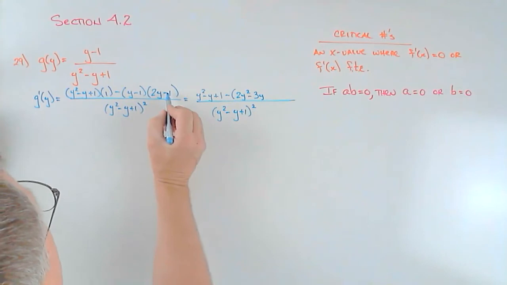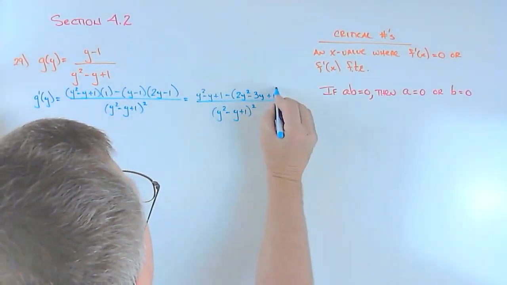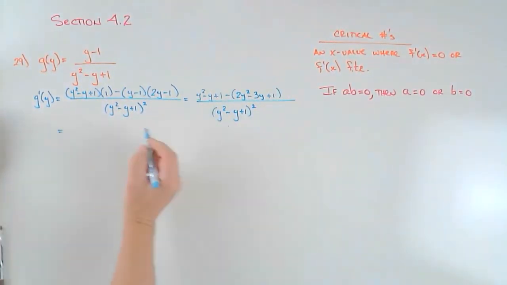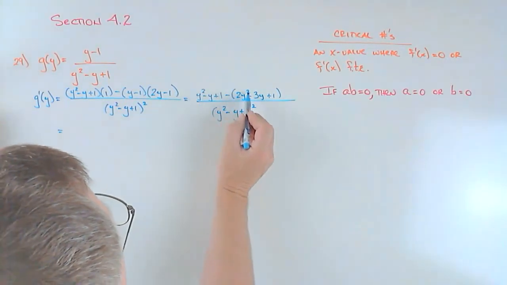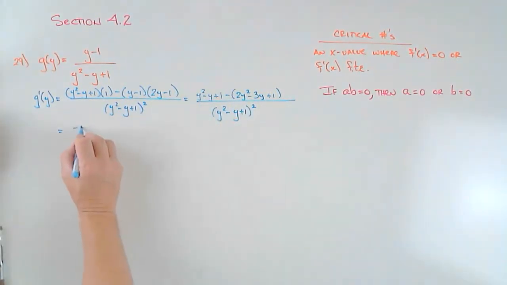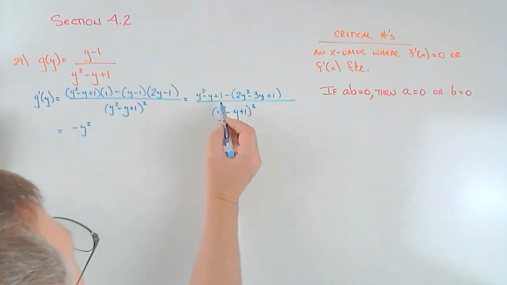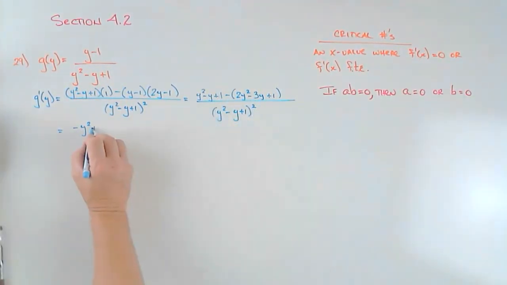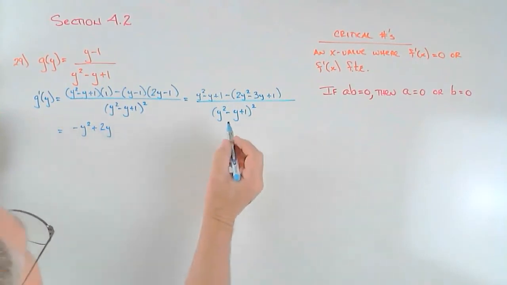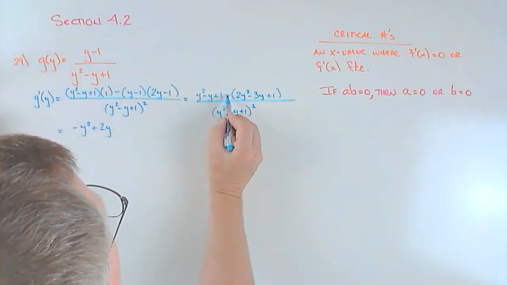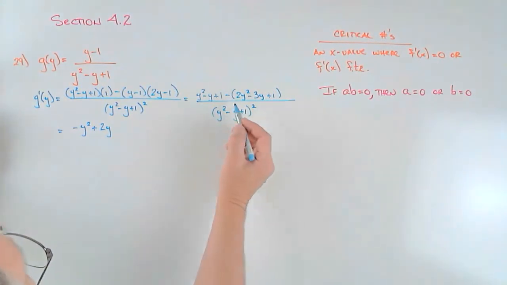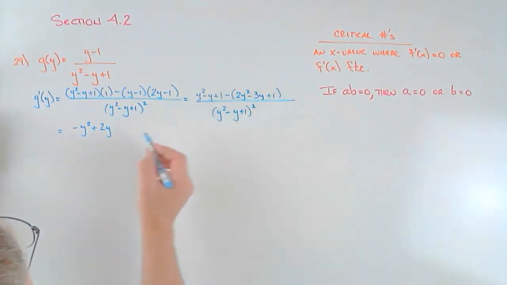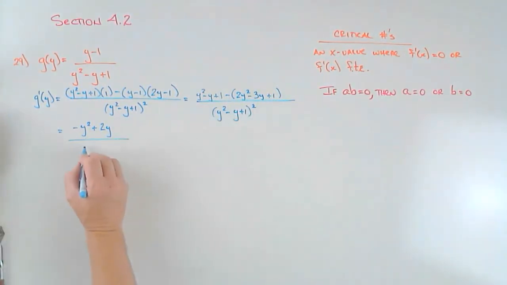And then negative 1 times negative 1 is going to be plus 1. So when we simplify the numerator, we get y squared minus 2y squared. That's going to be negative y squared. We get negative y squared plus 3y. Sorry, that's going to be plus 2y. And we get 1 minus 1. That's going to be 0. And our denominator is y squared minus y plus 1, squared.